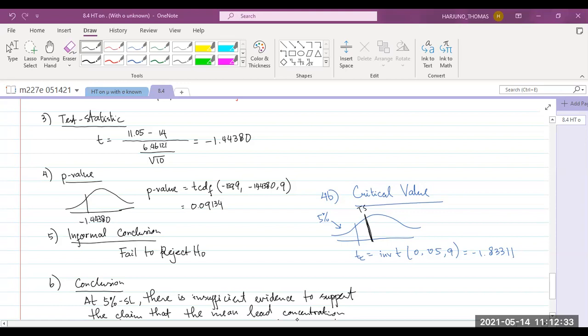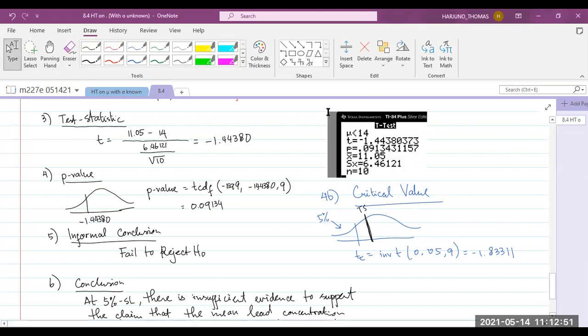We want to check against less than 14. This is what we get. Okay, so we confirm our test statistic and our p-value.